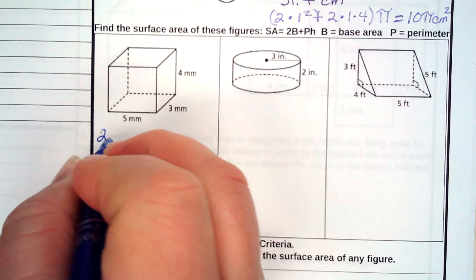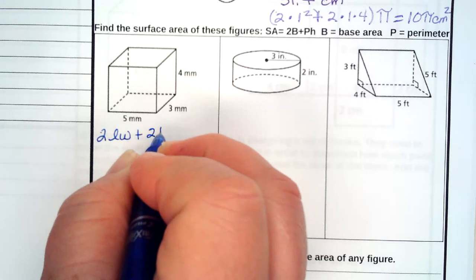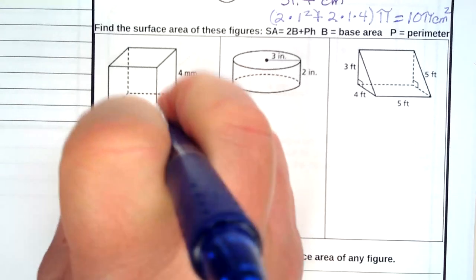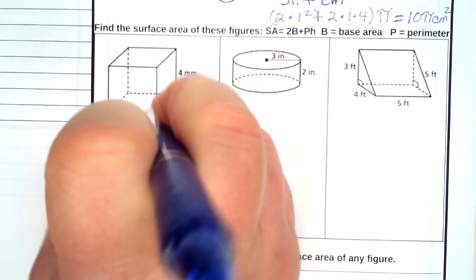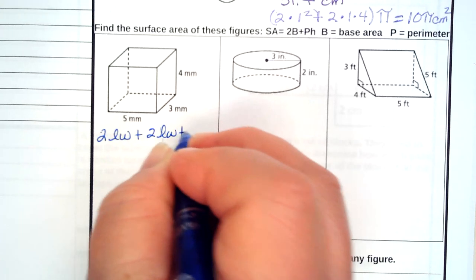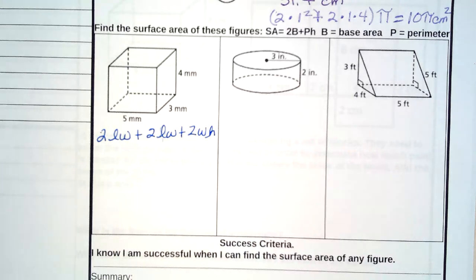Okay, so if we're looking at the surface area, this one is 2 times your length times your width plus 2 times your length times your height, plus 2 times your width times your height. Which is which? Don't know, don't care.